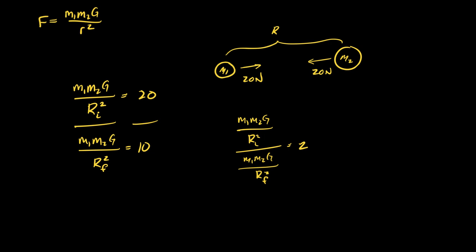Can you solve this for R final? This is a method for doing this. There are other methods. They're all relatively the same. This is just the method I'm doing here. So anything that doesn't change just cancels out. And in this case, I'll be left with R final squared over R initial squared equals 2. So R final equals the root of 2 times R initial. By what factor? I have to change it by the root of 2.